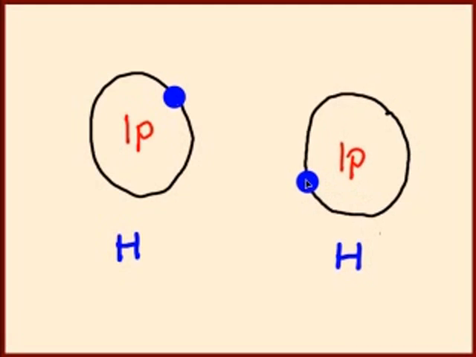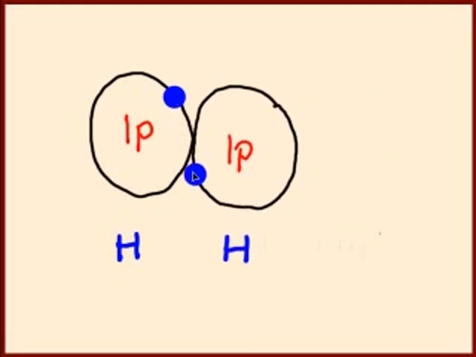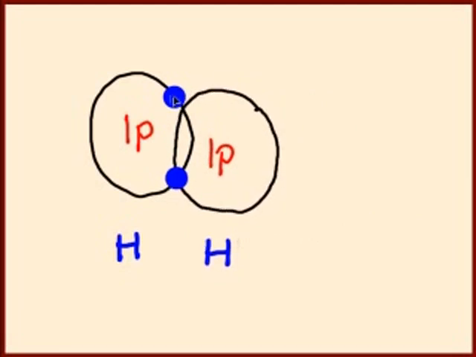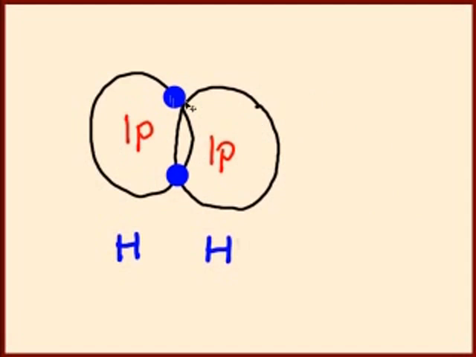So this atom comes over here, their energy levels join, and now they actually share these electrons. And so these two atoms come together to make a hydrogen molecule. Now both atoms have two electrons.